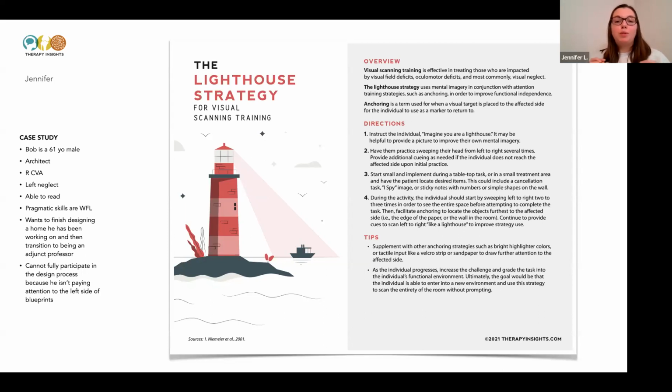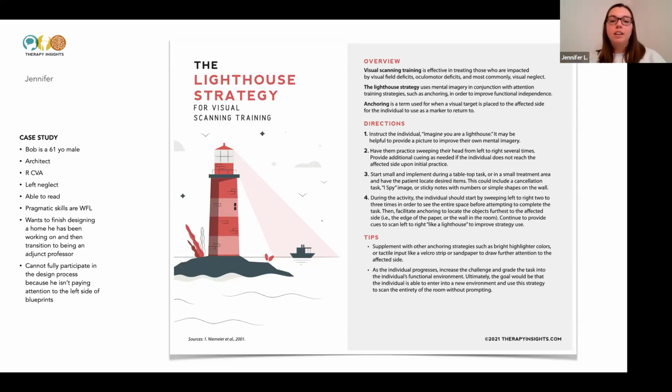Thinking about when you go into a room or a new environment, stopping and scanning from right to left. So thinking about that lighthouse, that light beam going around 360. That's what you want to do whenever you're walking into a new environment, or you have something new in front of you that you're looking at: visually scanning, starting and thinking about that organized left to right scanning.